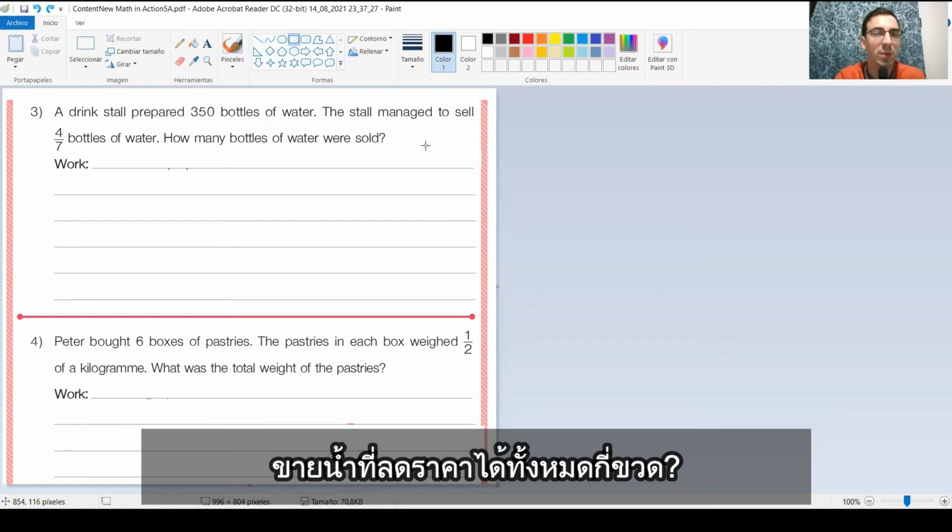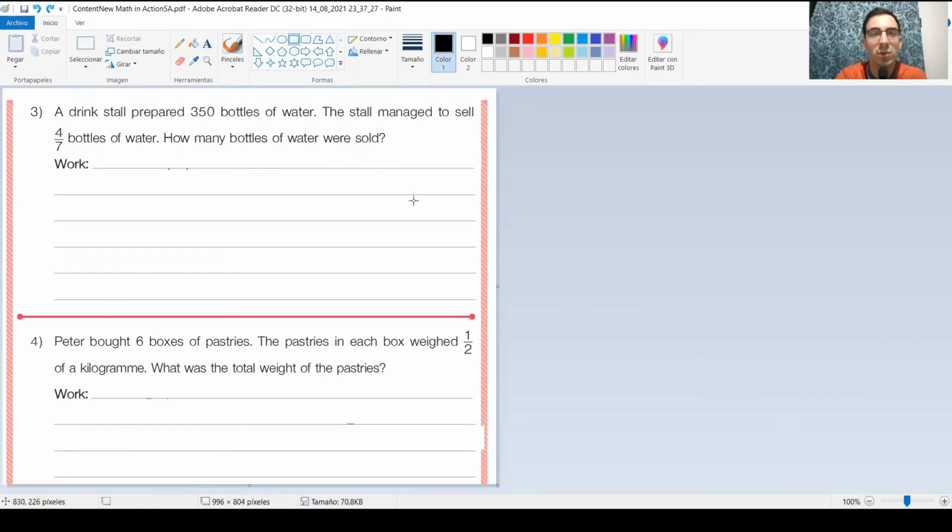Same as before, I want you to translate this. A drink stall. Okay, it's a very interesting and very useful word. So I want you to look for it in your dictionary or in the translation app, and you can write the meaning over there. What is a drink stall?